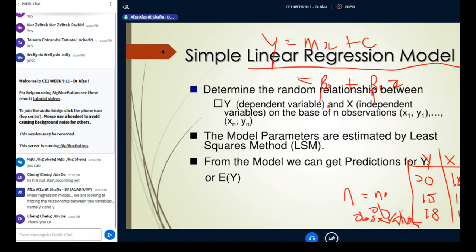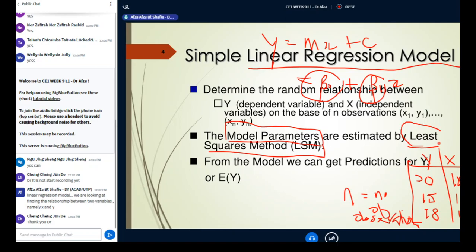These are called the model parameters, that means the intercept and the gradient. There are many ways in which we can do this to get the values of beta naught and beta 1. But in this regression model, we are just going to use one technique, which we call the least square method, or the LSM.